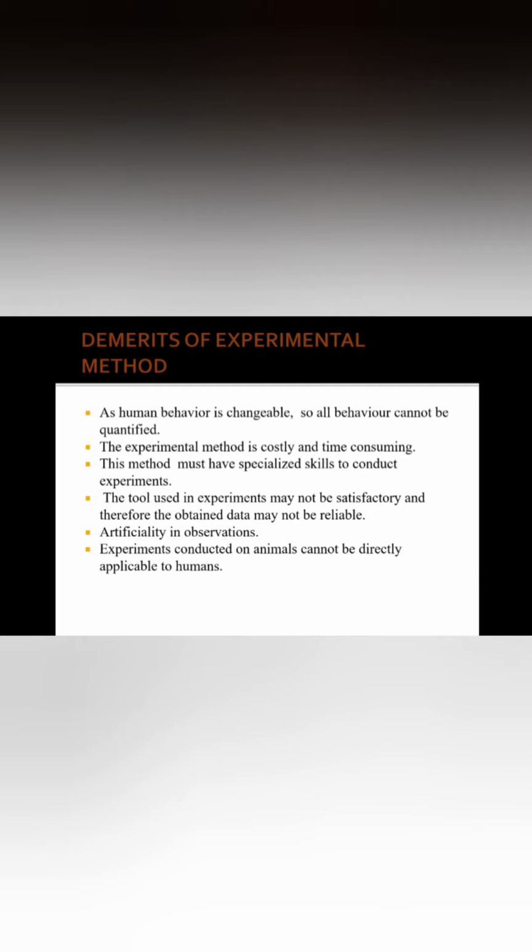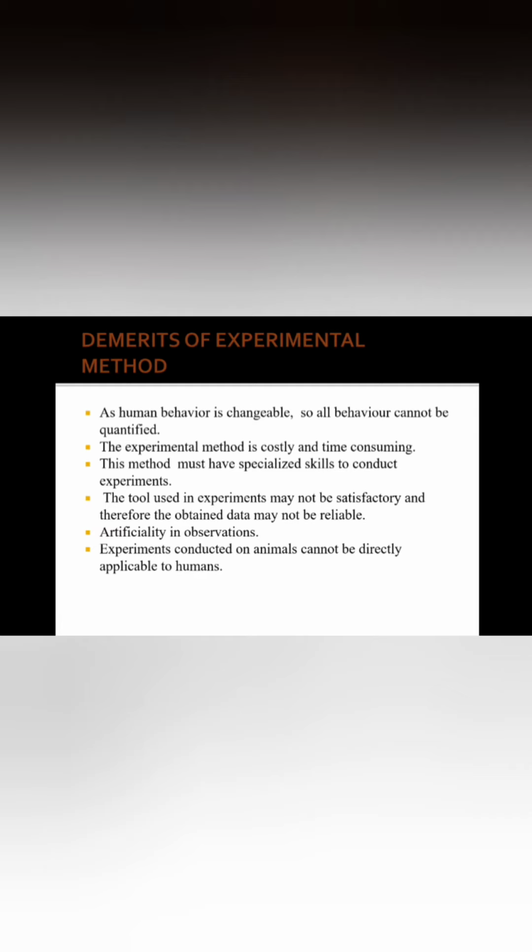Next, the tools used in the experiments may not be satisfactory, so the obtained data may not be reliable. Artificiality in observations is one of the main demerits of the experimental method. Because it is done in a controlled manner, artificiality is there.